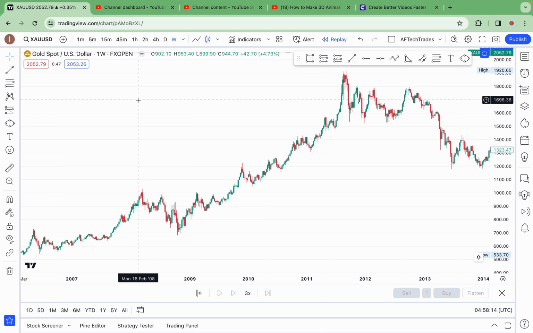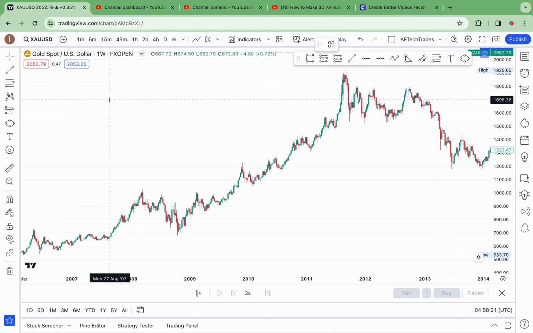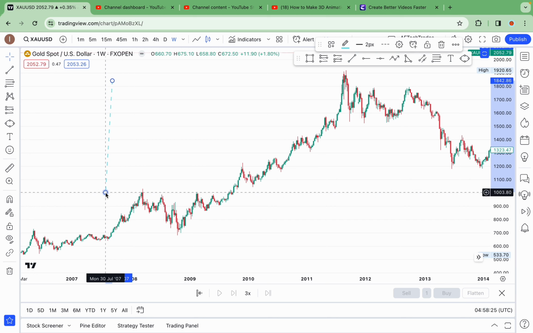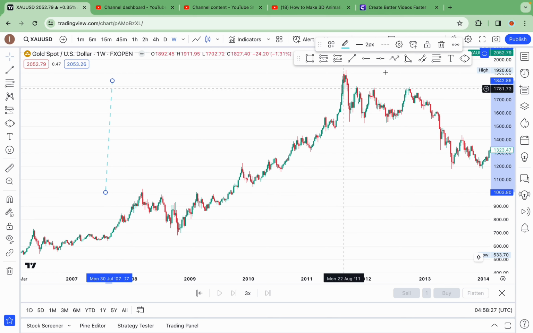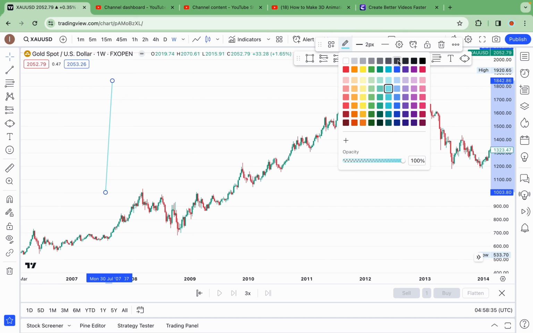Okay, I need to make a drawing of this. Let me use this tool to quickly show you what I'm talking about. Sorry, let me change it to line. Okay, bold. Let me change the color to black.